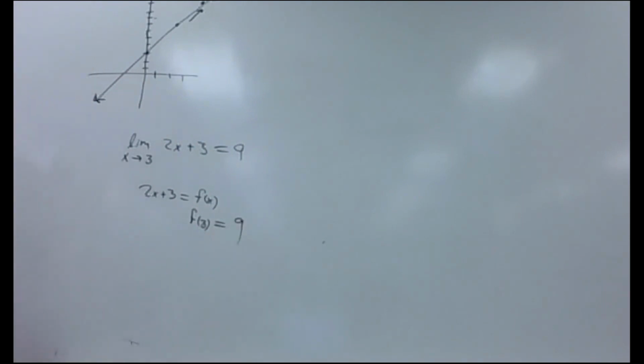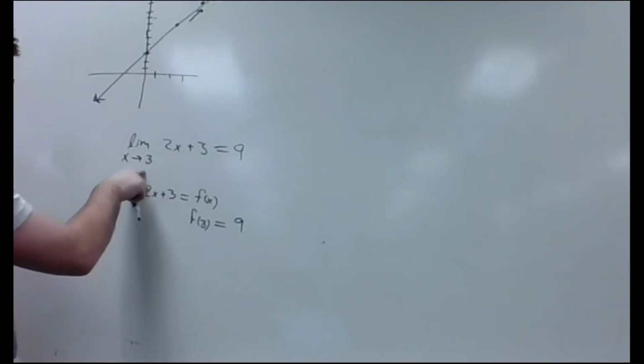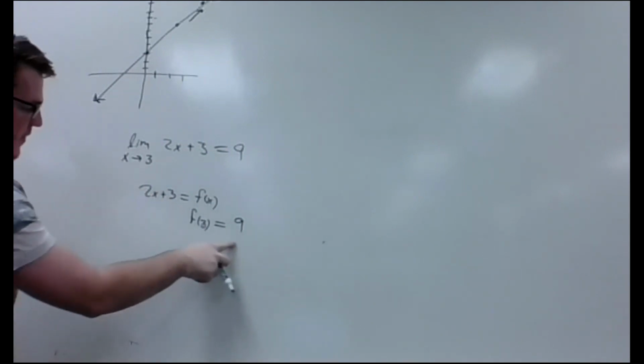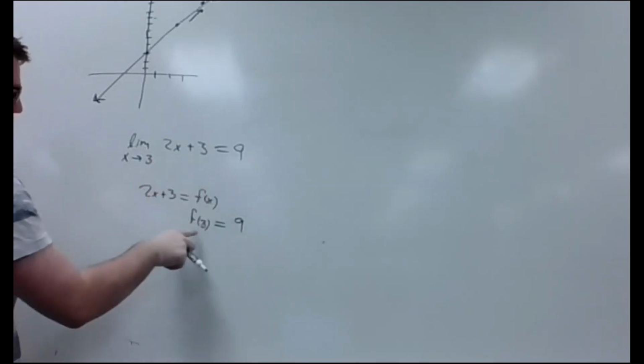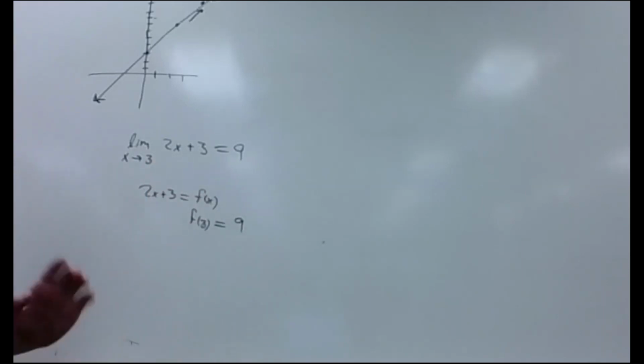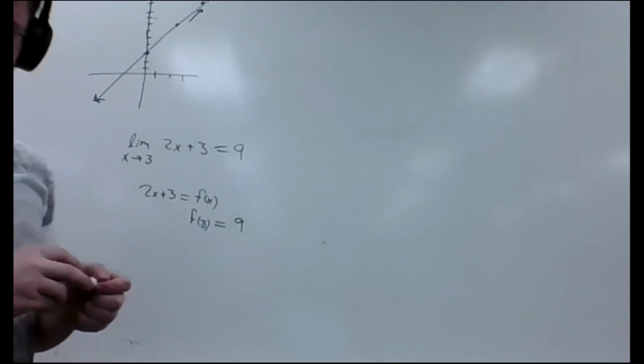And that's what it's saying: if the limit as it approaches 3, or as it approaches a, is equal to that function with that same point plugged in, then it's continuous. Okay, that makes sense.